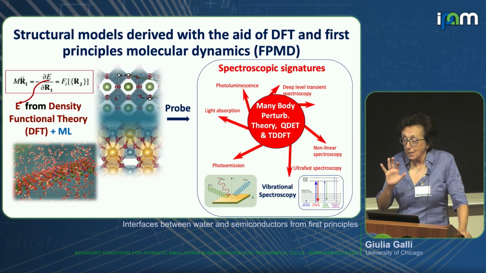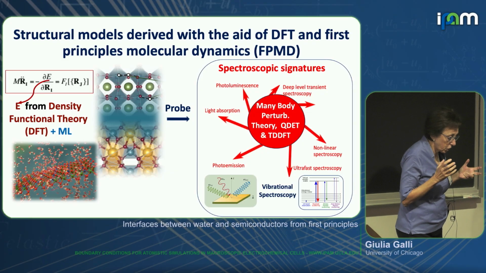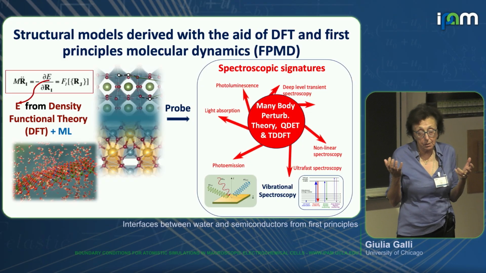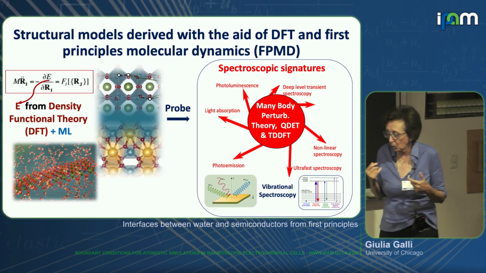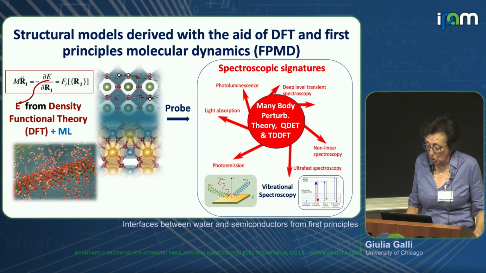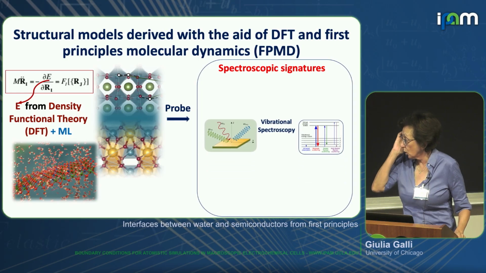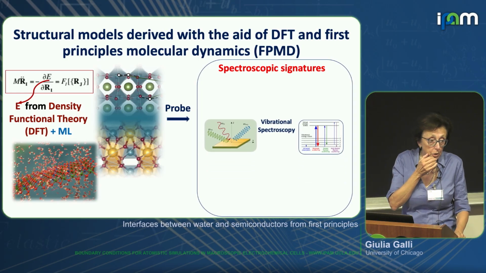Okay, so this is all the machinery that we use in different ways. I will point out here and there, when I present results, what we do to do computational spectroscopy. And the other very important spectroscopy, if you want to look at interfaces, is vibrational spectroscopy.